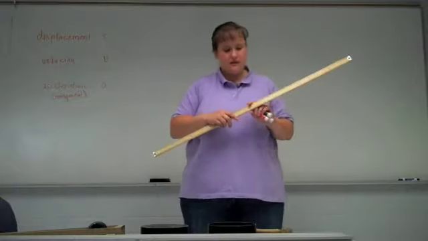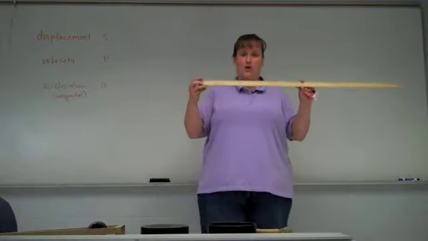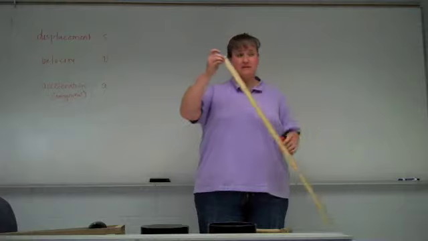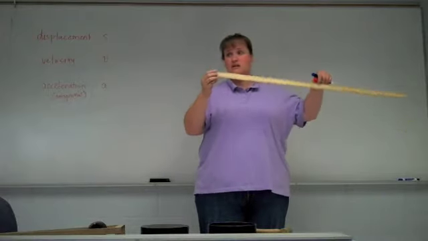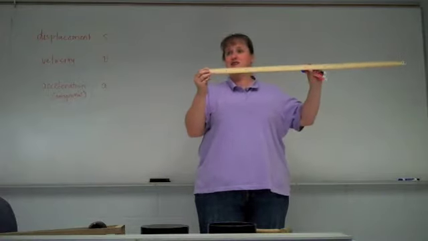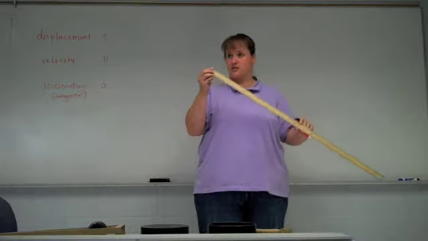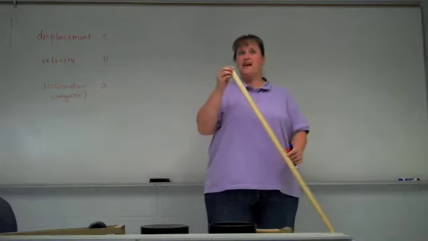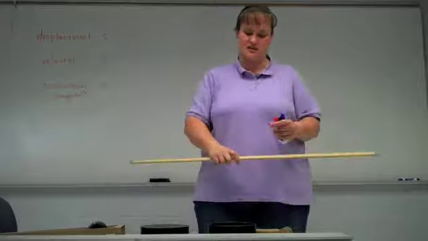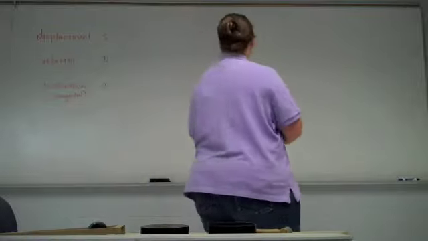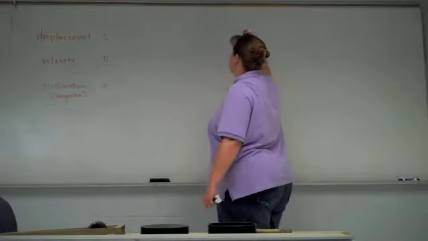But the meter stick, as a whole, moves through the same angle. So it has the same change in angle, a certain number of radians per second. It has the same angular accelerations. So we have the angular quantities that we're going to talk about.